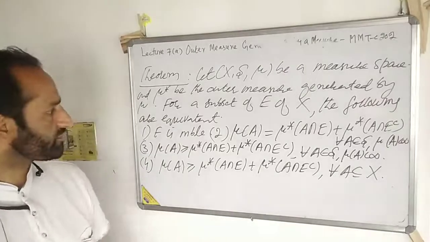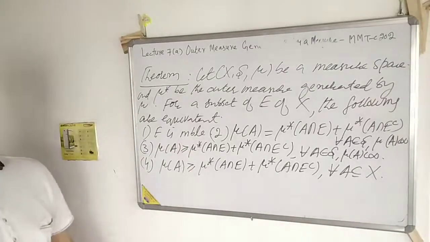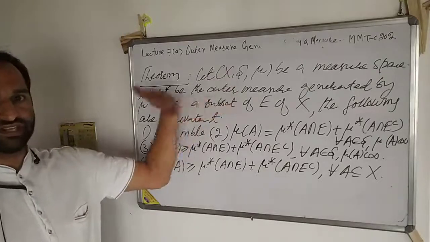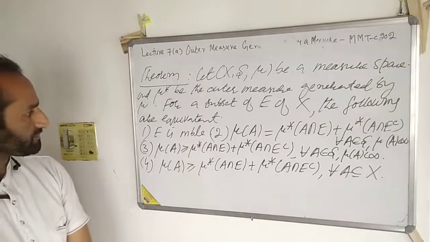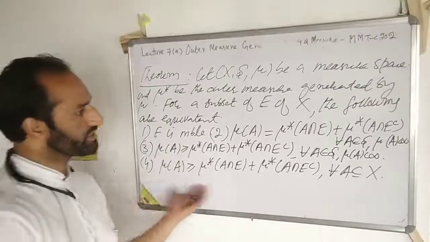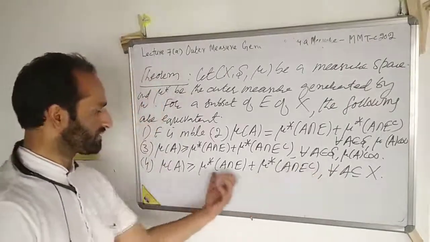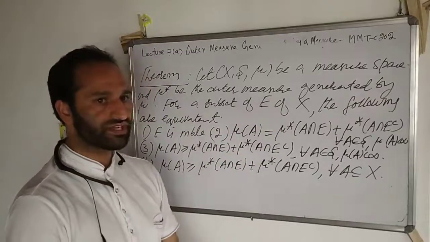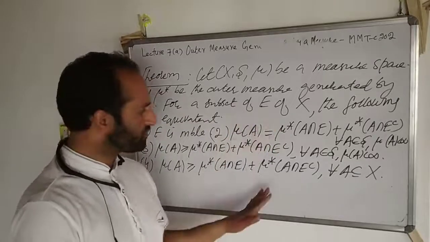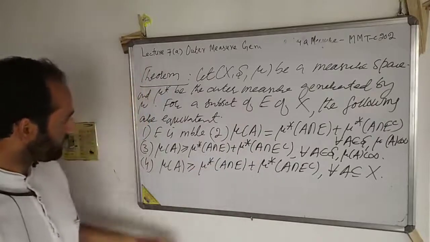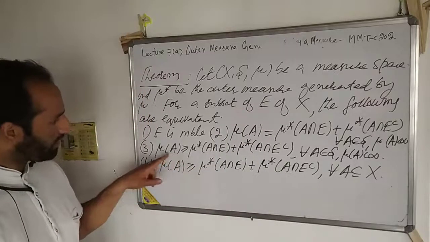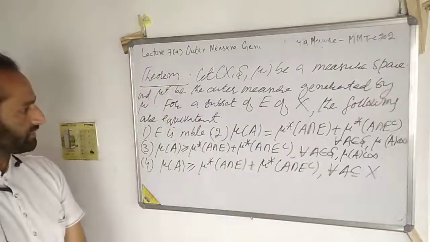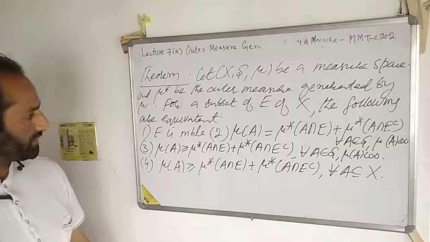So that's a very interesting property of the class of sets measurable with respect to the measure mu star generated by the measure mu. Otherwise we have to check all the subsets. But for those measurable sets, we have to check this inequality only for those subsets of X which are members of the semiring. So that's why this theorem is very important.